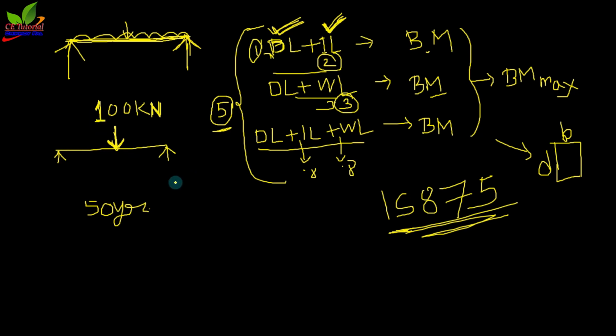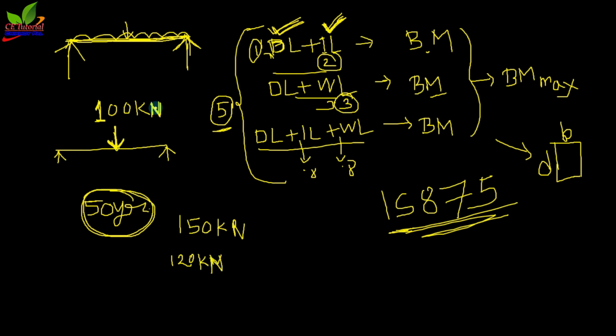What does it mean? That means we are not increasing the amount of load. If in the 50-year lifespan, one day the applied load exceeds 100 kilonewton and becomes 150, 120 or 110 kilonewton, what will happen?